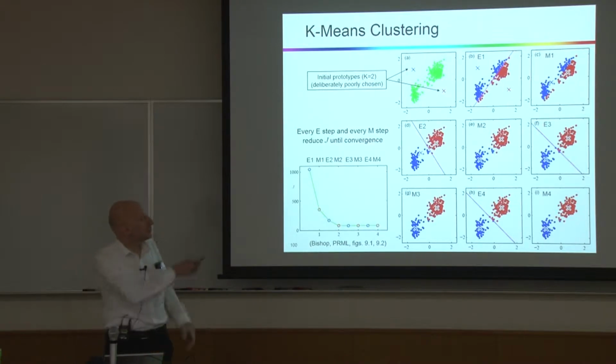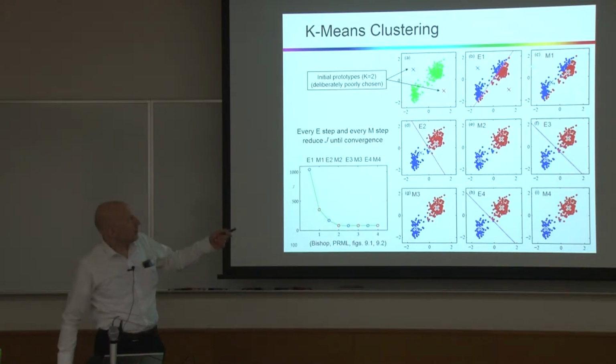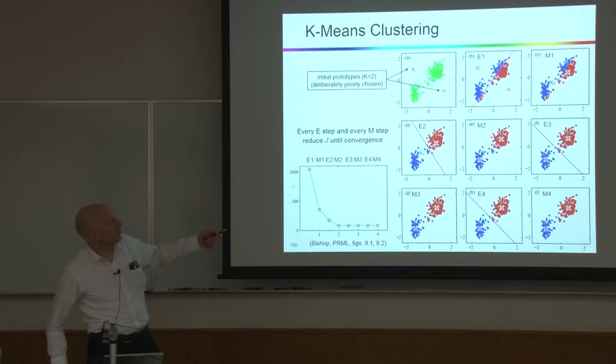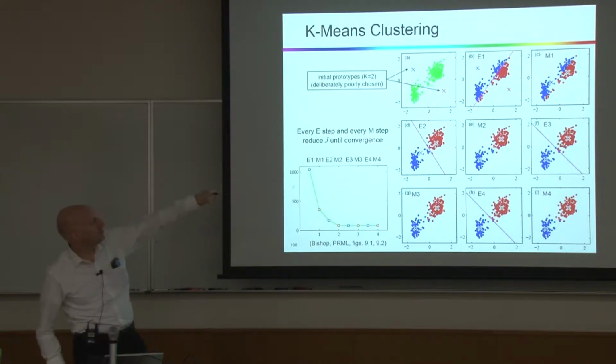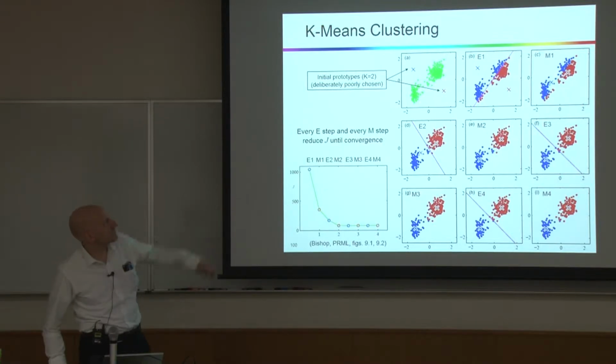Okay, so then the class membership is all these belong to the red class, all these belong to the blue class. Then we move on to the first M step, where we move the class centers. So we move the red class center from there to the mean position of all these red points, which is there. And we move the blue class center from there to the mean position of all the blue points, which is there. Okay, so do that, and then repeat the E step.